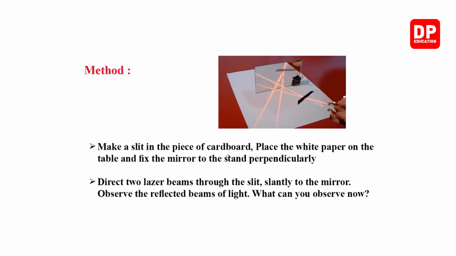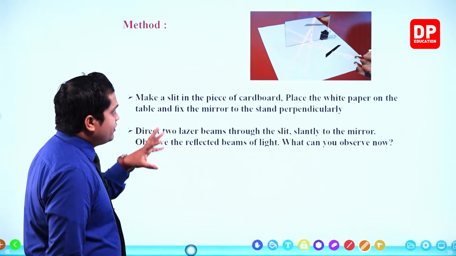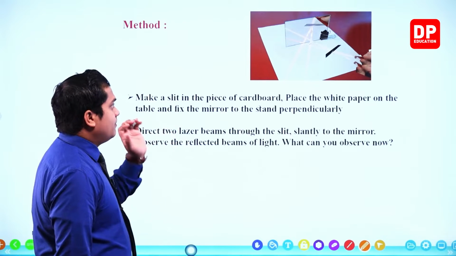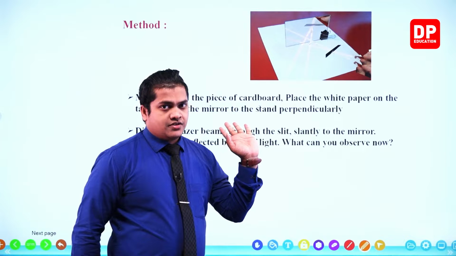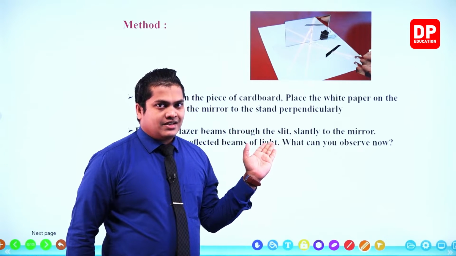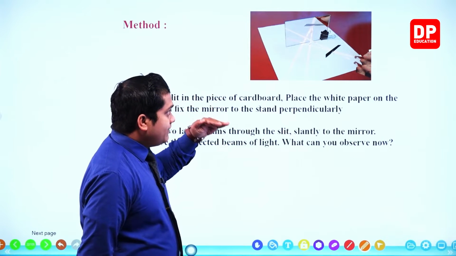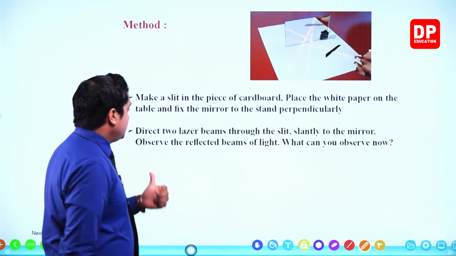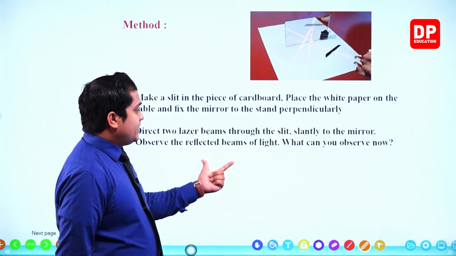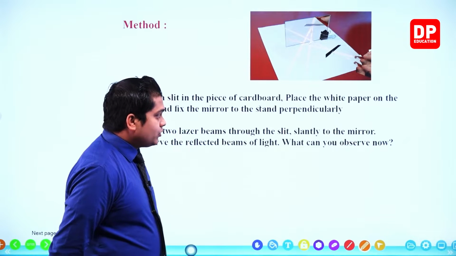So you have to take a cardboard sheet and make a slit. Then place the white paper on the table and fix the mirror perpendicular to the surface, the A4 sheet. Like in the previous activity, very simple. Here we are using a cardboard piece and making a slit on it. Then direct two laser beams through the slit slantingly to the mirror.